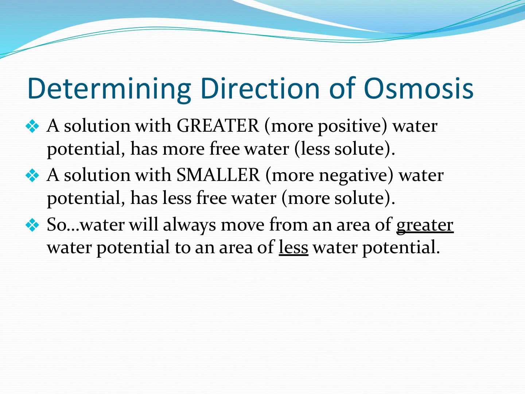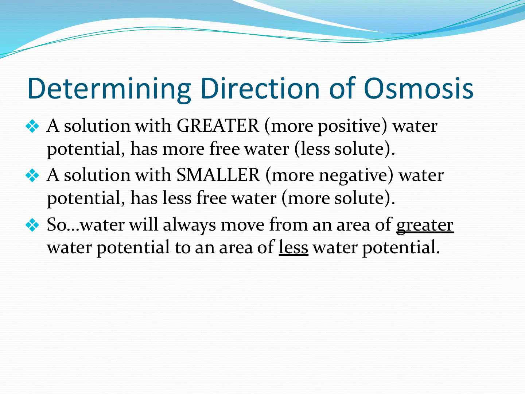Once you do the calculations, you think about which solution has greater water potential, meaning more positive or less negative. That solution has more free water, less solute, so water is going to move from the area of greater water potential. If the solution has the smaller water potential, there will be less free water, more solute, so that will be the solution that will take the water. The water is more likely to move to that solution.